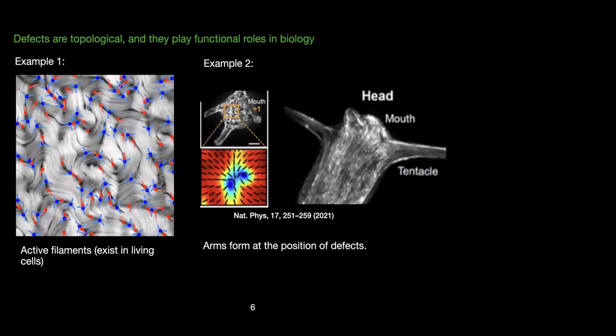And since these defects are topological, this means that there is a constraint on the number and position of the arms that this creature could form. So the number of arms cannot be easily changed because it comes from a topological constraint. And so this is how physics concepts could play an interesting role in biology.